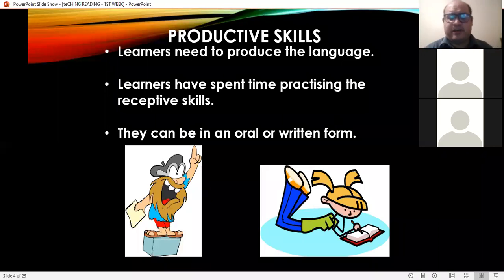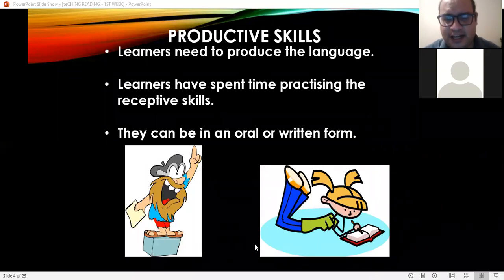So don't forget this information related to the 4 skills. Remember, we have these 4 skills. I know you know it, but this is in order to reinforce it. We have listening, reading, writing, speaking. Listening and reading, how do we call these 2 skills? Receptive.